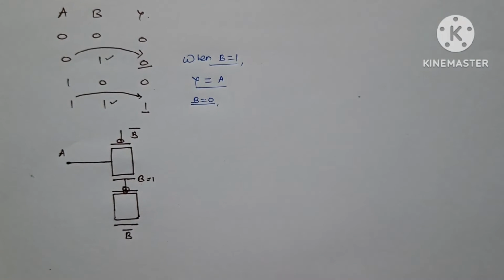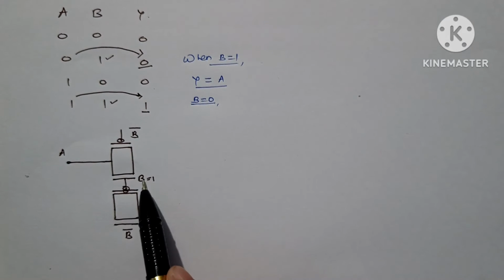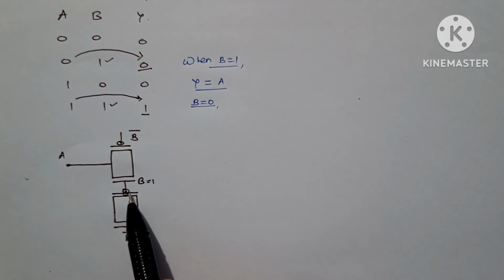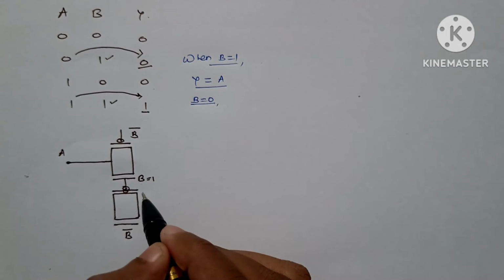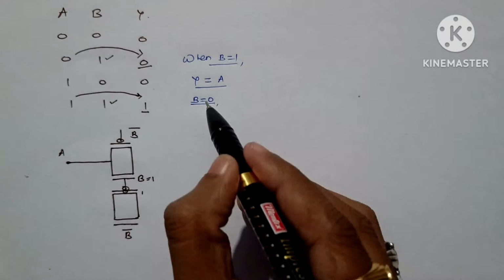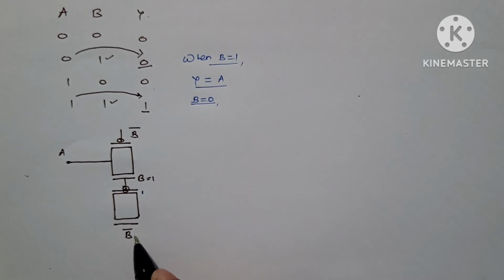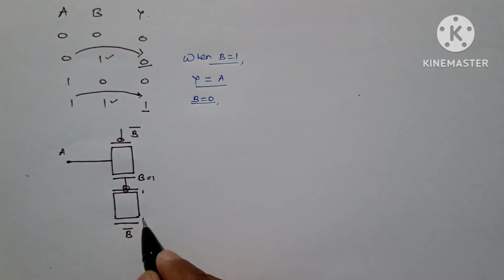What happens when B is 0? See it here. If B is equal to 0, here we'll get the complement as 1, so logically 1. And when B is equal to 0, your B bar will be 1. Now if B bar is 1, again logically 1. So this transistor will turn on.